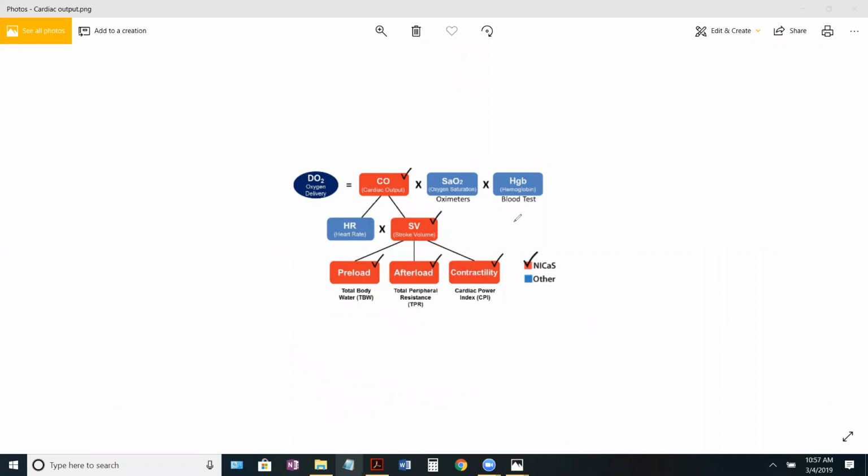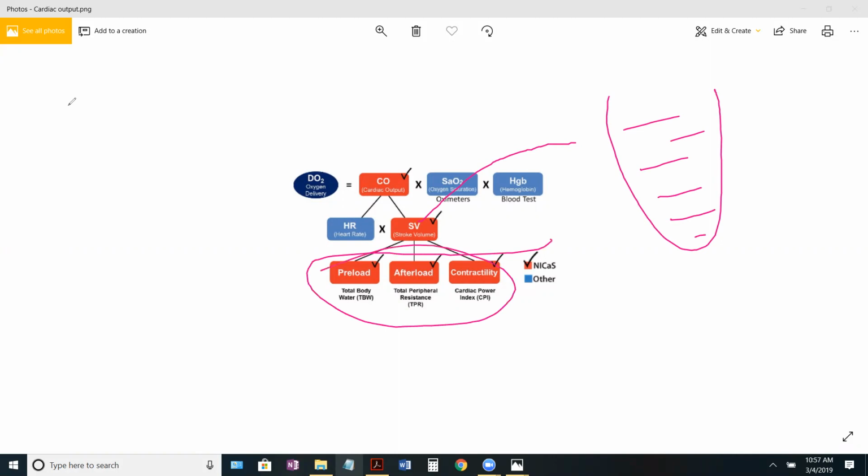Okay, so now the next thing is how much volume your heart ejects. This is the ventricle, and this is the volume that has arrived in the ventricle. So which factors decide how much volume you will eject with every beat? These are the three most important factors that we have to discuss separately: preload, afterload, contractility.